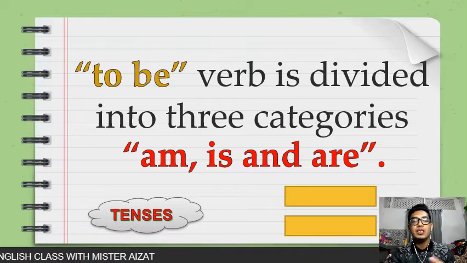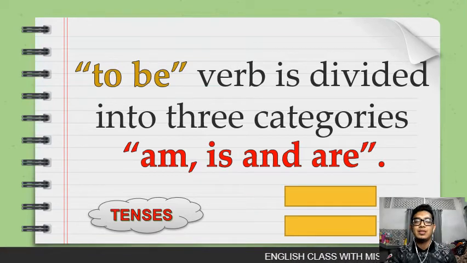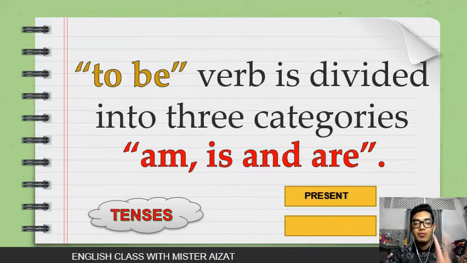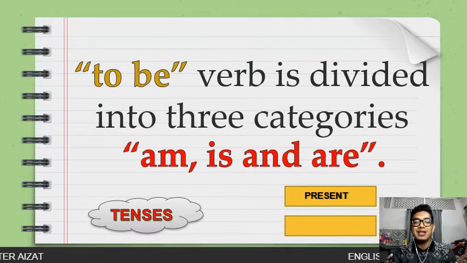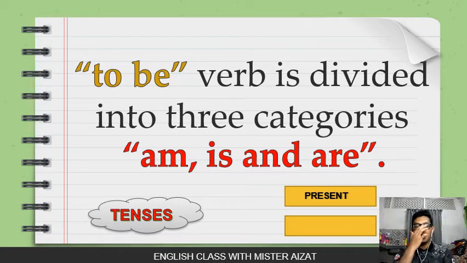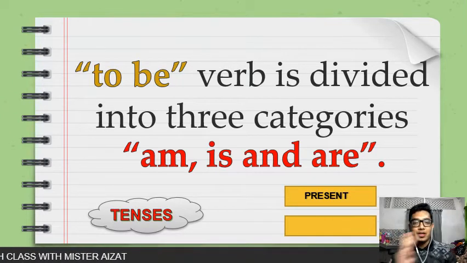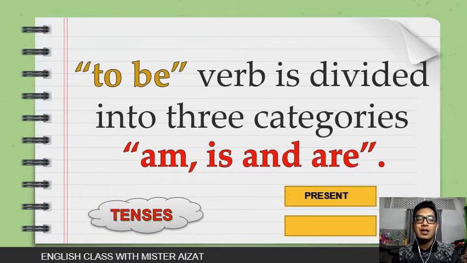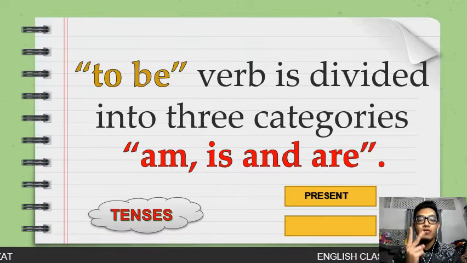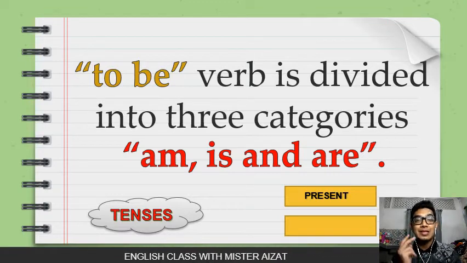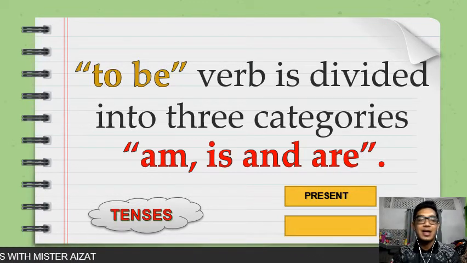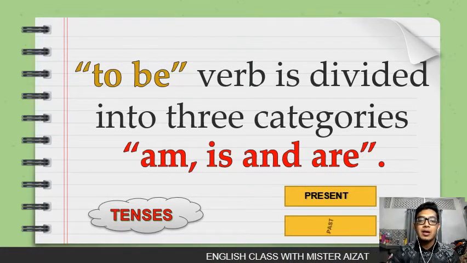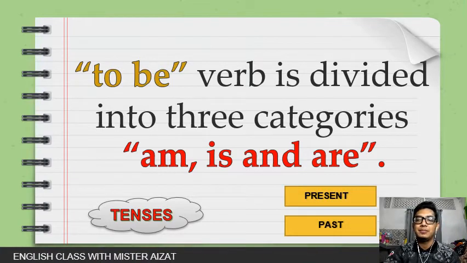Verb to be ni datang dalam 2 bentuk tenses, which are present tense and past tense. So awak perlu ingat, there are 3 categories, ada 3 kategori, am, is and are, dan juga 2 forms of tenses, ada 2 bentuk tenses, iaitu present tense and past tense.